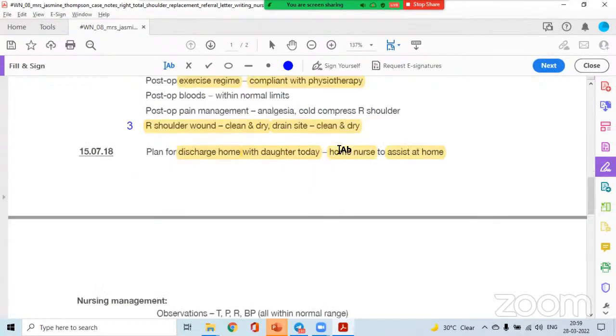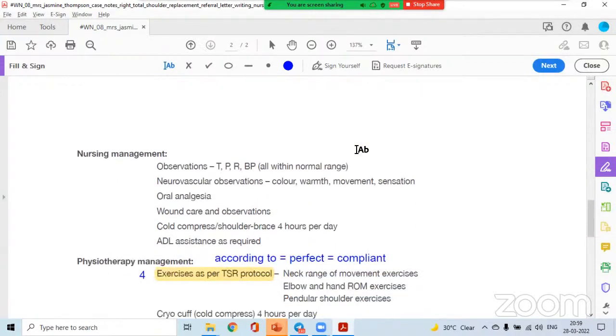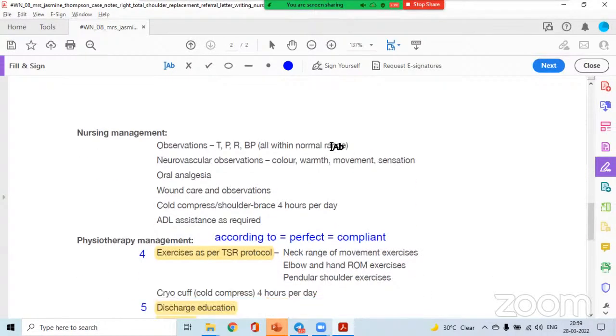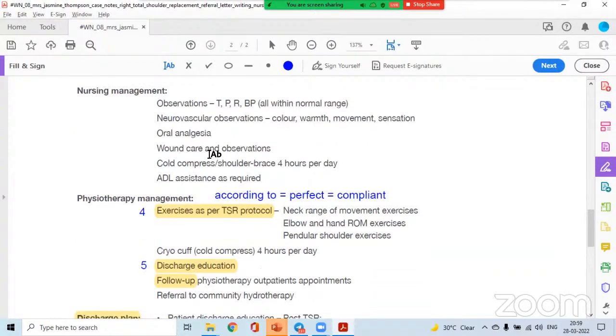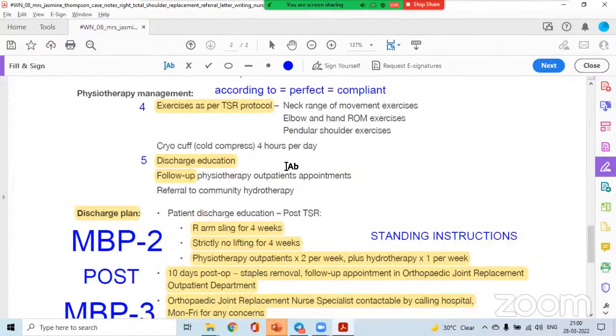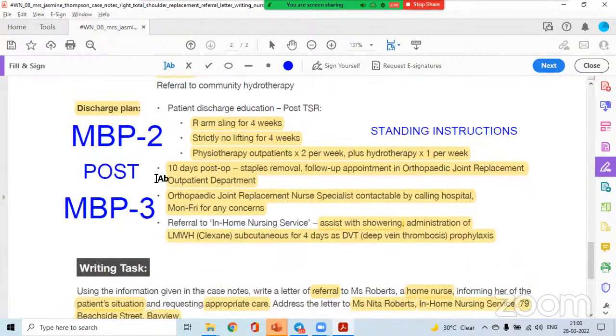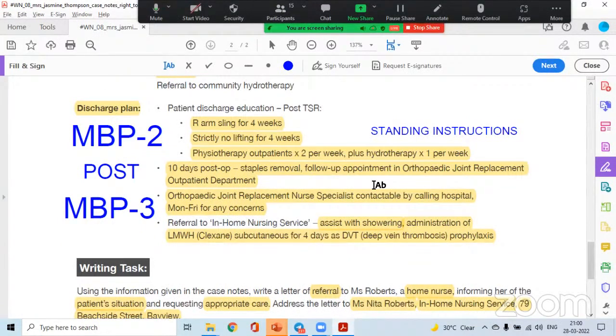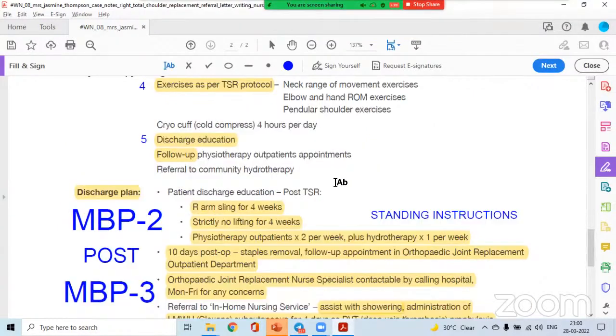Nursing management, what you have done, that's not needed. This is given already, so no need. Everything is clear. This discharge plan is very, very essential, so you can write this one. Fine.